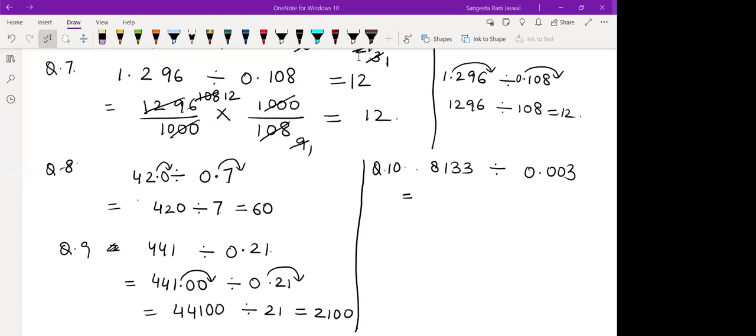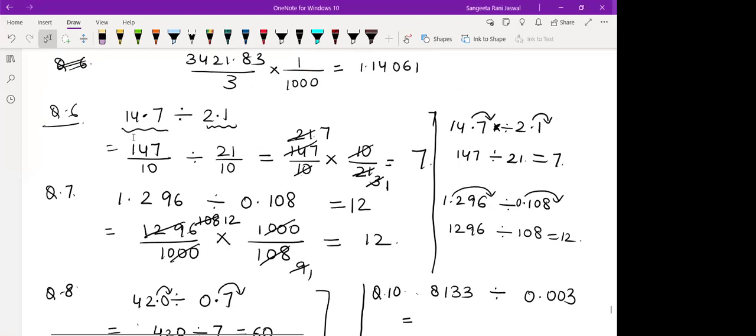Ma'am, I didn't understand in these decimals, like 42 divided by 0.7. I didn't understand shifting the decimal point.